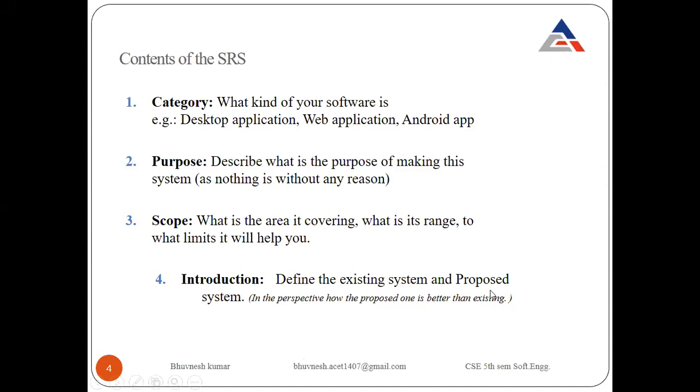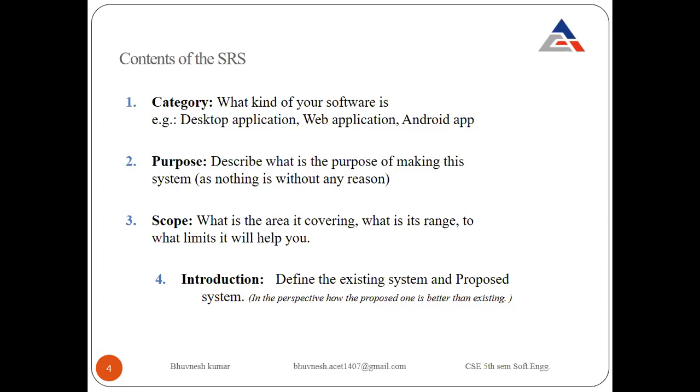In your introduction we will describe and define our existing system, meaning the previously developed system, and the new system that is developed, and what the difference between these two is. If the previous one is not compatible with the latest technology, that should be written in your proposed system. What the advantages of your new system are compared to your previous system should be defined in your introduction part.